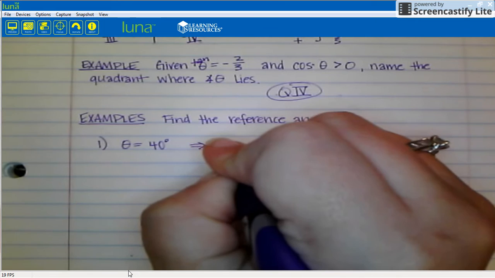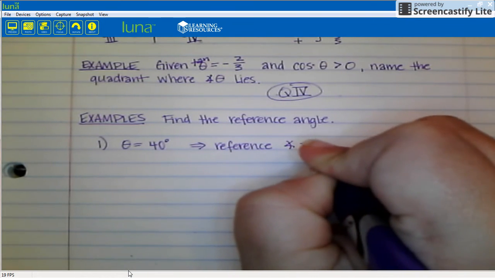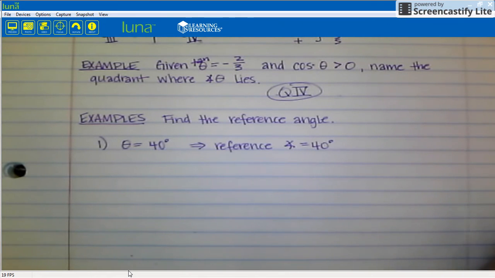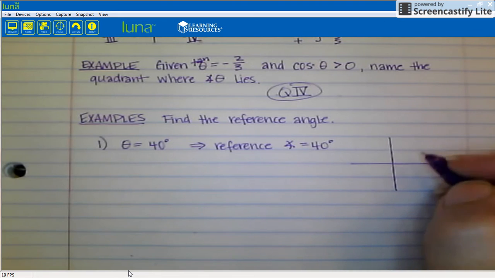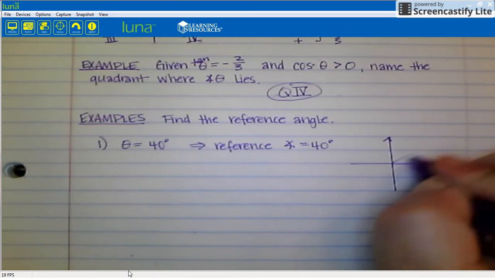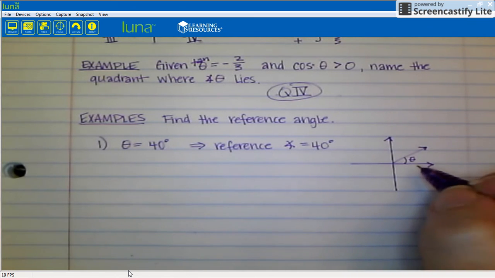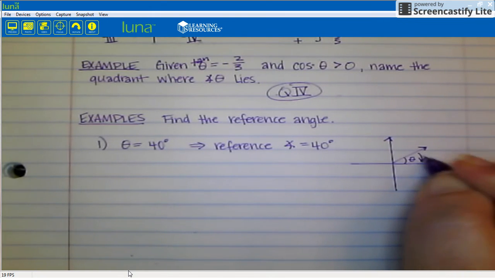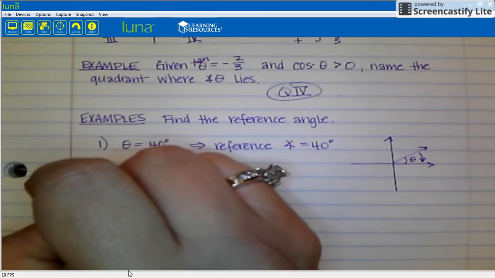So your reference angle is 40 degrees. Because if I graph this and look at it in the plane, 40 degrees is going to be here. The angle that completes the rotation and is acute to the x-axis has to be that same angle.